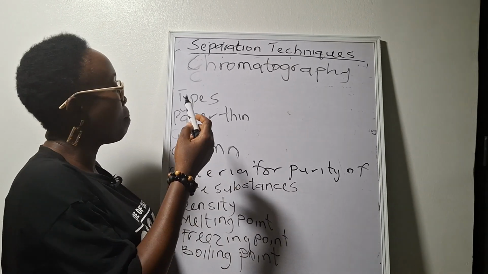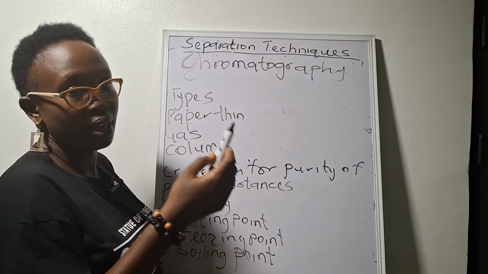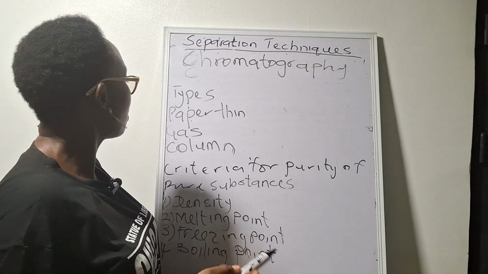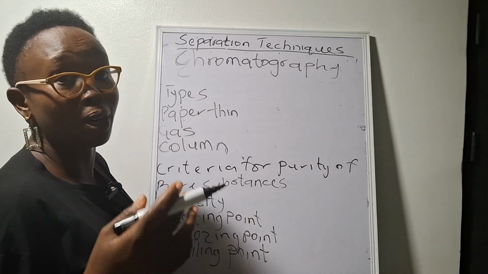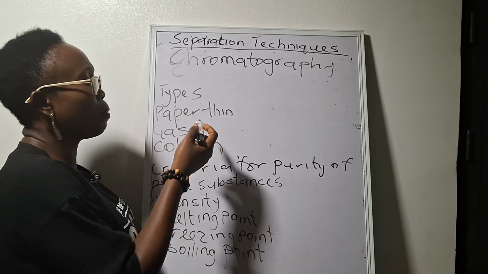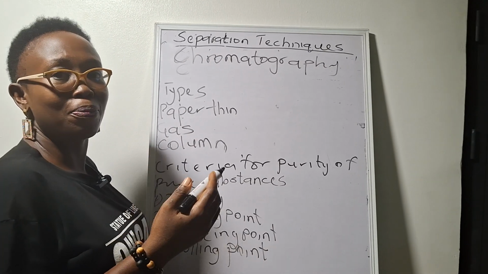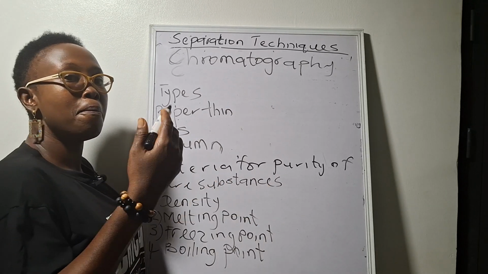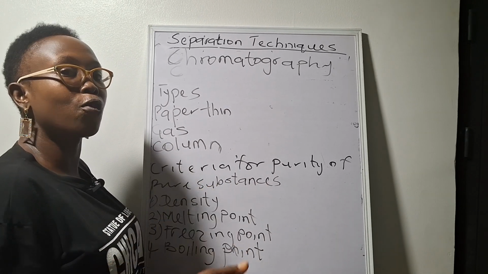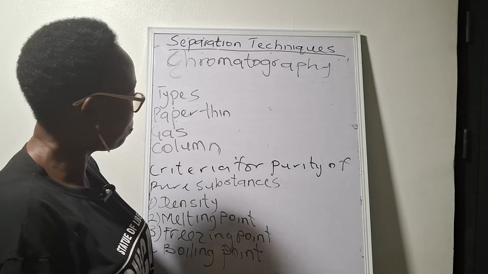We have paper, thin layer chromatography, gas chromatography, and column chromatography. We use paper chromatography to separate constituents of a dye from a colored mixture.